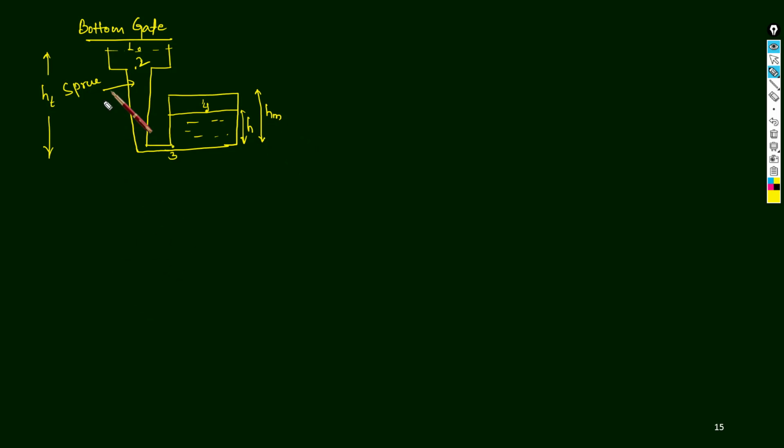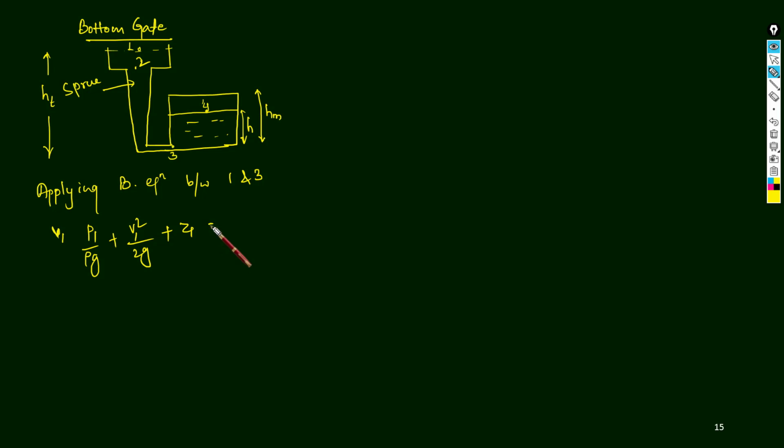Now apply Bernoulli's equation between 1 and 3. That is P1 by rho g plus V1 square by 2g plus Z1 is equal to P3 by rho g plus V3 square by 2g plus Z3.